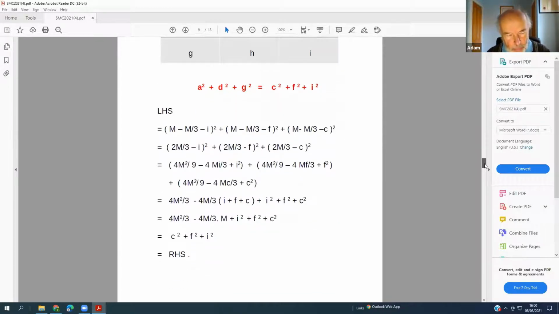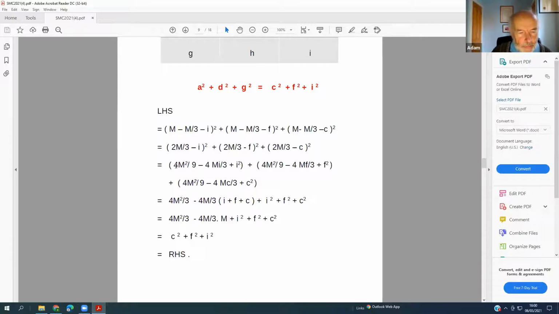Again, this is something that would be at the top end of the school, but might not be beyond, I hope. These two combine to give 2/3 of M minus I all squared, and different for the other two. Expand all these brackets out, so you get 4m squared over 9 minus twice first times second, which is 4 times mi over 3, plus I squared, and same for the other two. You gather the terms in m squared together.